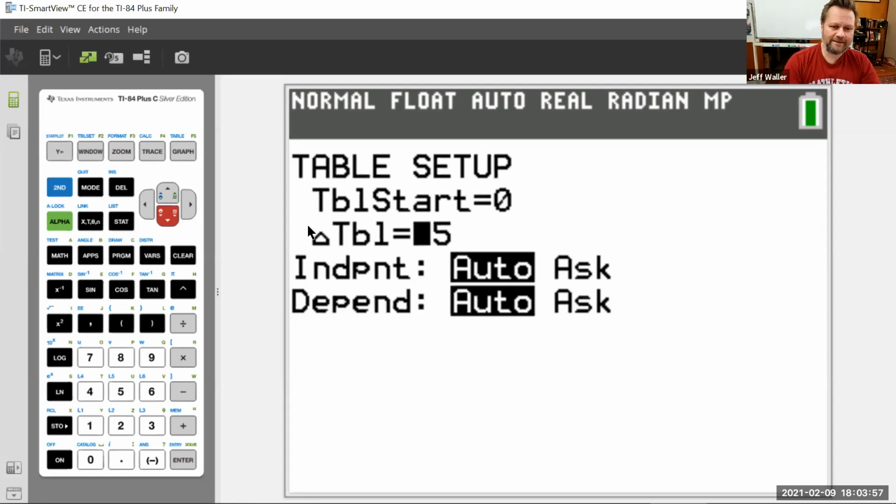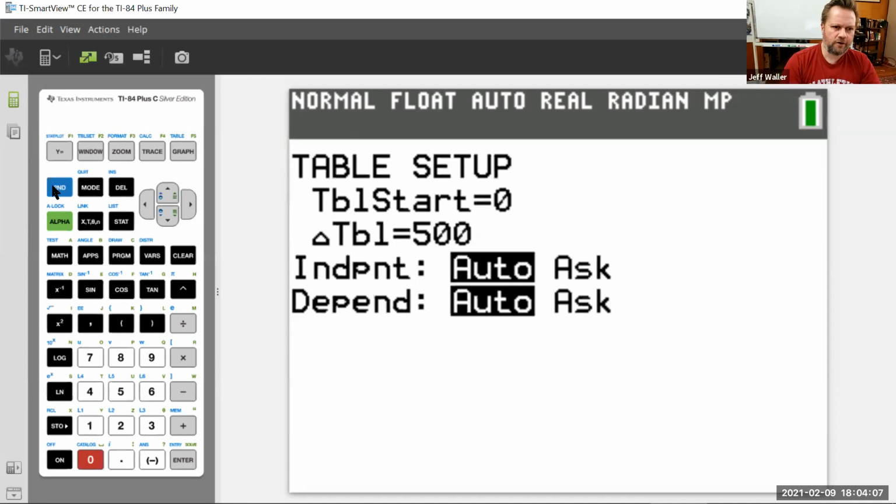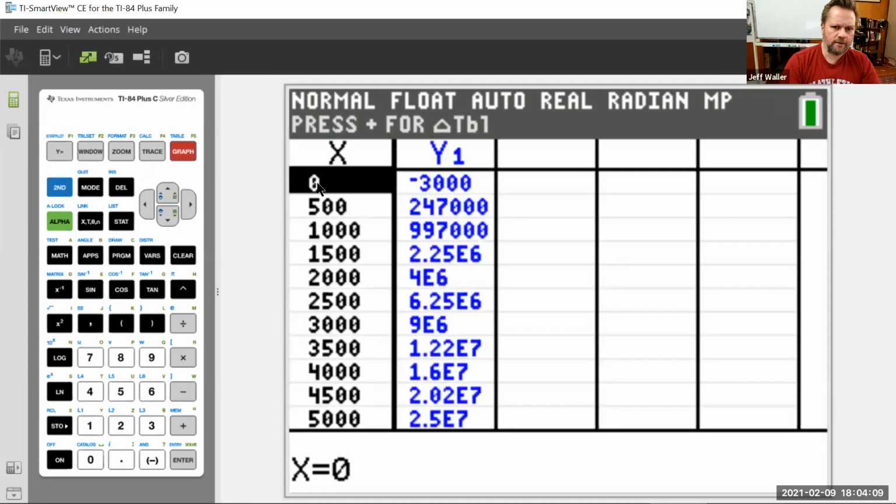It sort of looks like a home plate, but it means change in the table. So I can make the step size maybe 500. If I go back to the table, see how it steps by 500 now. It's like a nice automatic XY table, and it really comes in handy. Anyway, that's enough for now.